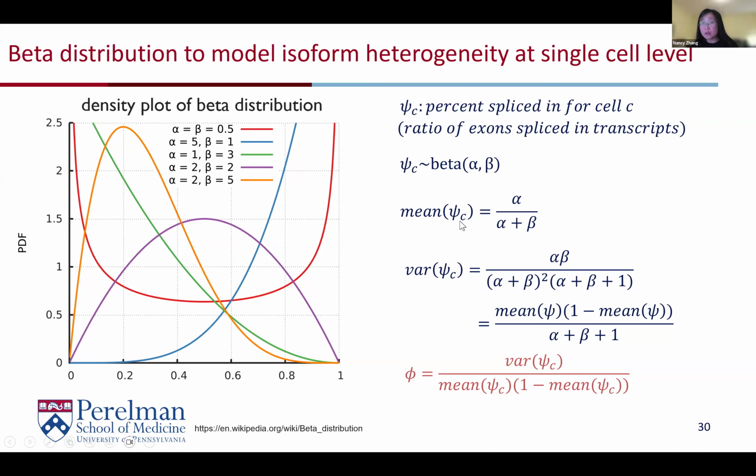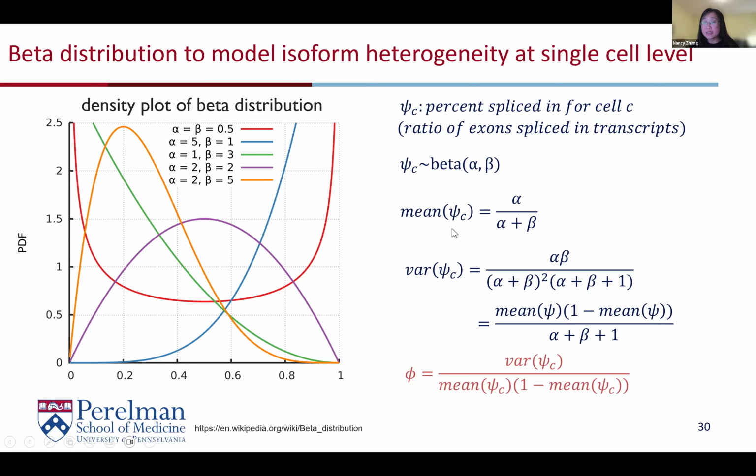Now that beta distribution would have a mean and a variance. And the ratio of the variance divided by mean times 1 minus mean is this parameter, which we call phi. Now that phi is the dispersion parameter. Okay, so every beta distributed parameter can be parameterized by alpha beta or by mean and phi.